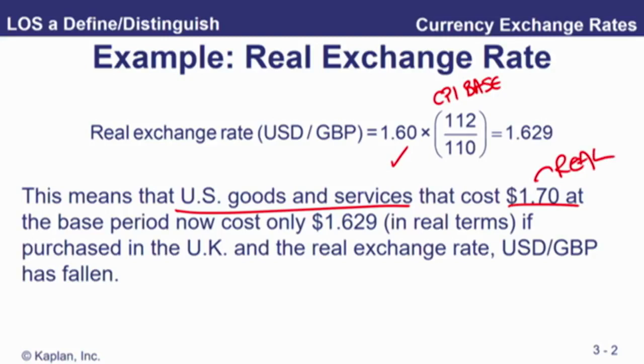So US goods and services that cost 170 at the base period now only cost 1629 in real terms, if purchased in the UK. So you're looking at the cost of US goods and services to a UK investor in real terms. Was 170, is now 1629. The real exchange rate, therefore, has fallen from 170 to 1629.